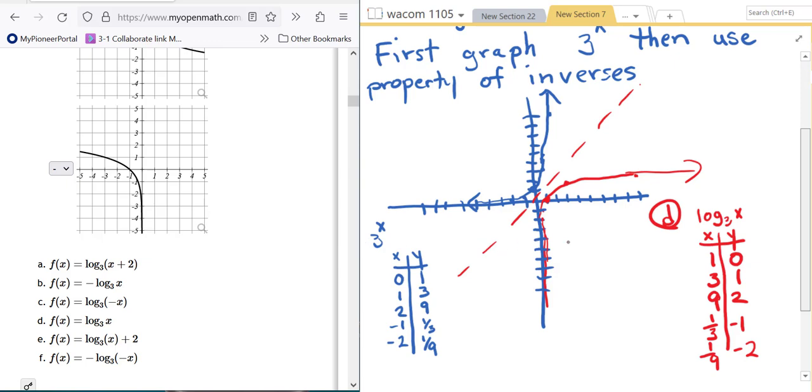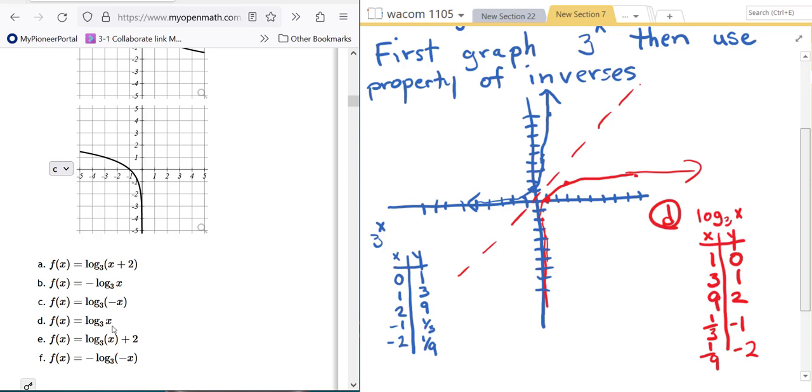So your graph is going to flip, it's going to be down here, but it's going to point the other direction. This one right here actually looks good. It's going to flip straight across. We've still got this piece. And that would be C.